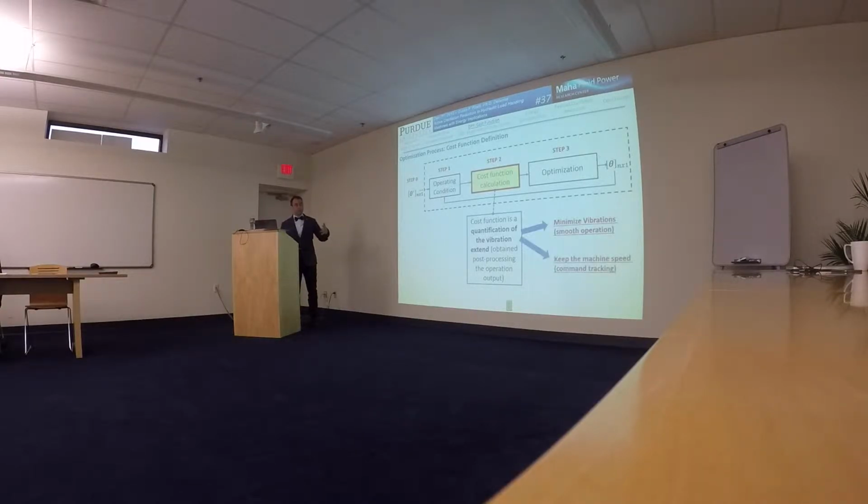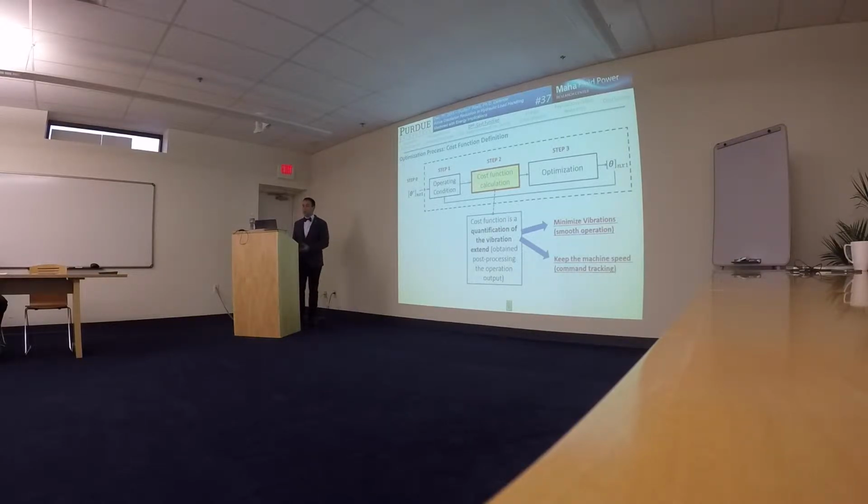And again, it's very important because we want to achieve two main goals with this cost function to minimize. We want to minimize oscillations, but we don't want to affect the operation of the machine too much. We want to keep the speed of the machine in order to not affect the productivity of the machine.